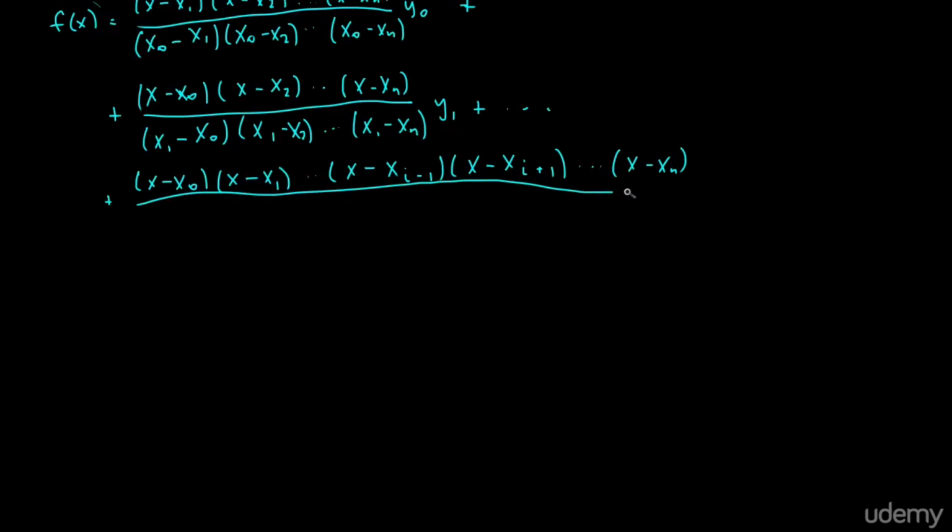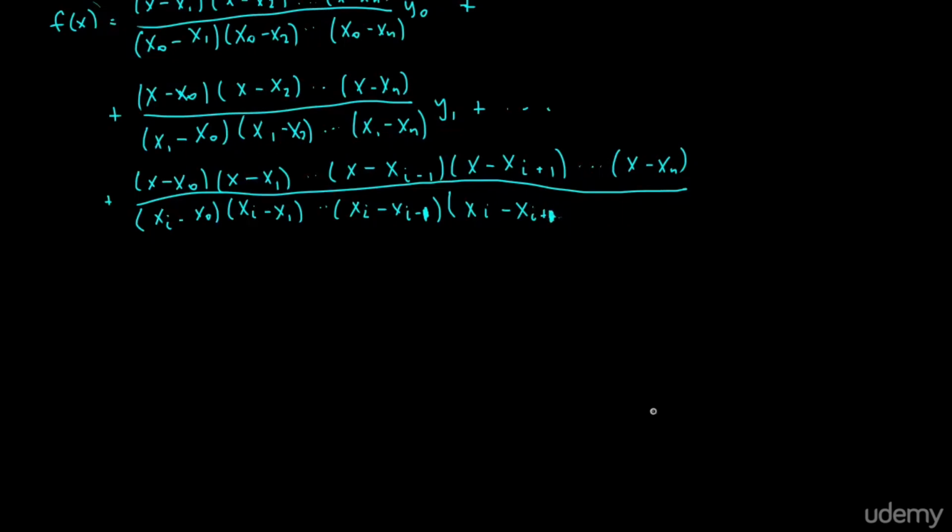And this is all divided by xi minus x0, xi minus x1, and then here we have xi minus xi minus 1, so 1 multiplied by xi minus xi plus 1.